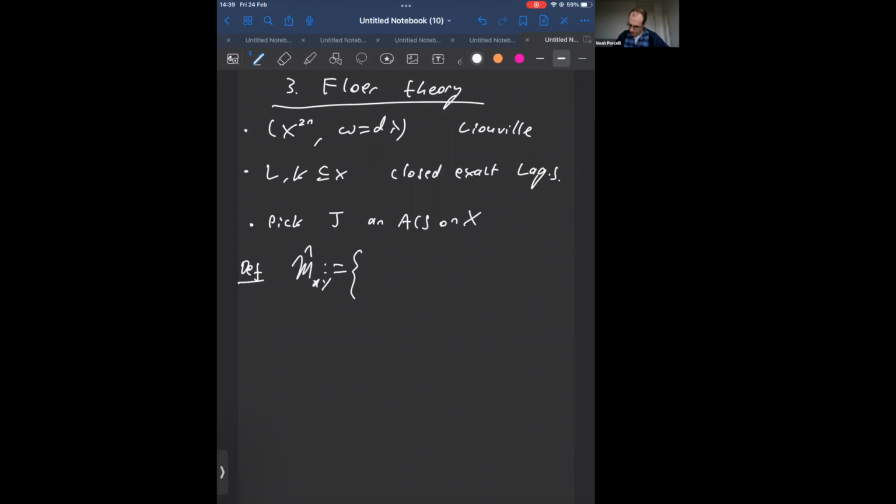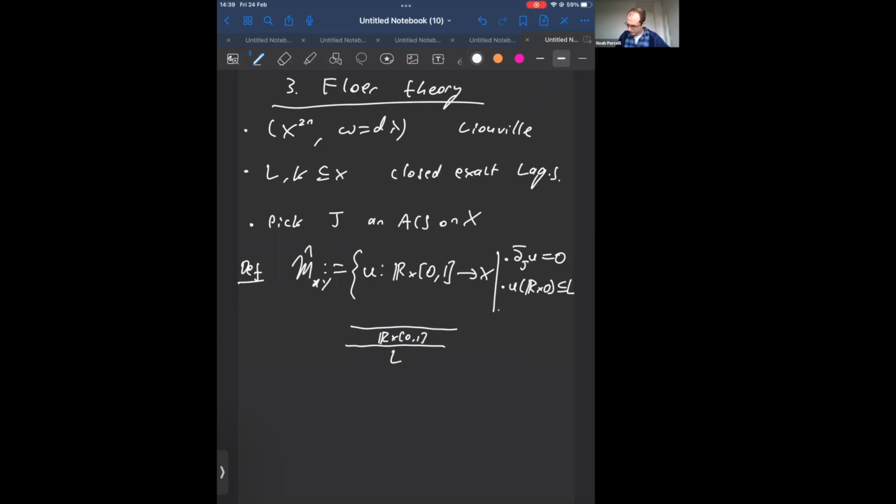This is defined to be the set of maps u from the infinite strip such that the Cauchy-Riemann equation holds, as well as some boundary conditions, which I'll write and draw. So u of R times 0 is inside L, if here is the infinite strip, R times [0,1].